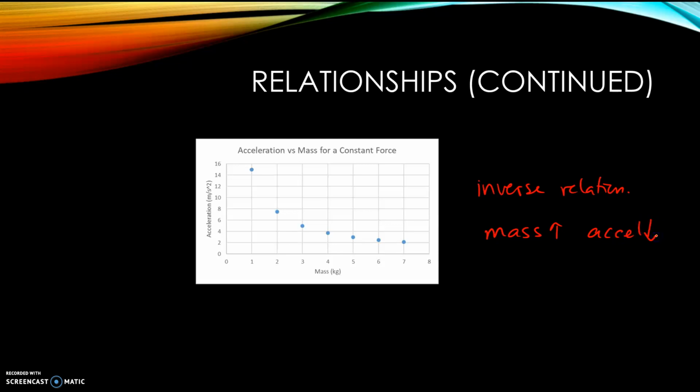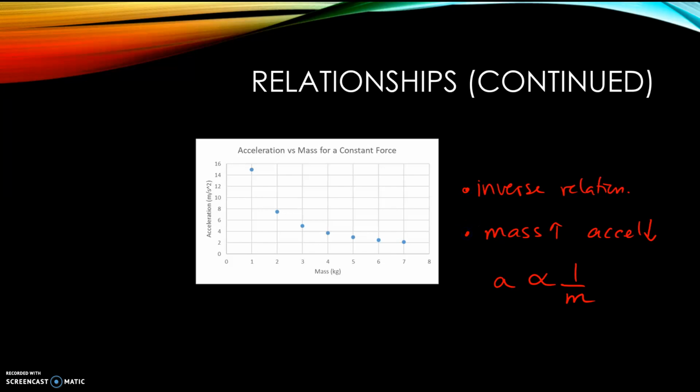Okay, when that happens, when one variable goes up and the other goes down, we say they're inversely related to each other. So what I could say is that the acceleration, I'll just call that A, is proportional to 1 over the mass. Okay, because it's 1 over mass, as mass goes up, acceleration is going to go down. So this is what an inverse relationship would look like.